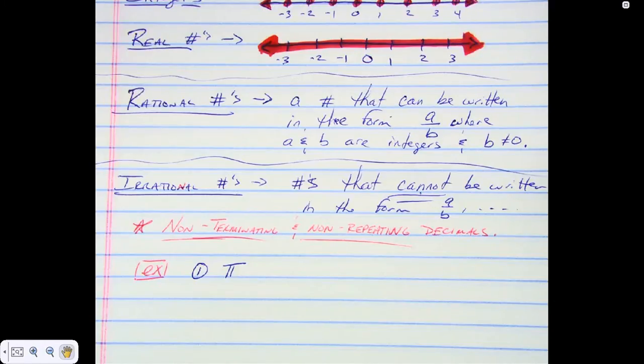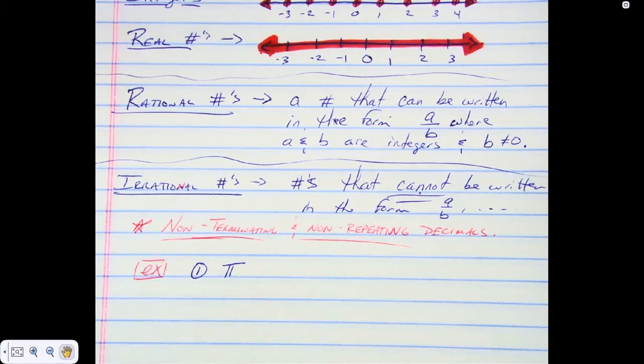But it repeats the same pattern. Well, if it repeats the same pattern, it can be written as a fraction. So that's a rational number. Okay? So if it repeats the same pattern, then there's some way to write that as a fraction, whatever it may be. However, if it does not repeat the same pattern, and it doesn't ever stop, then it's irrational.